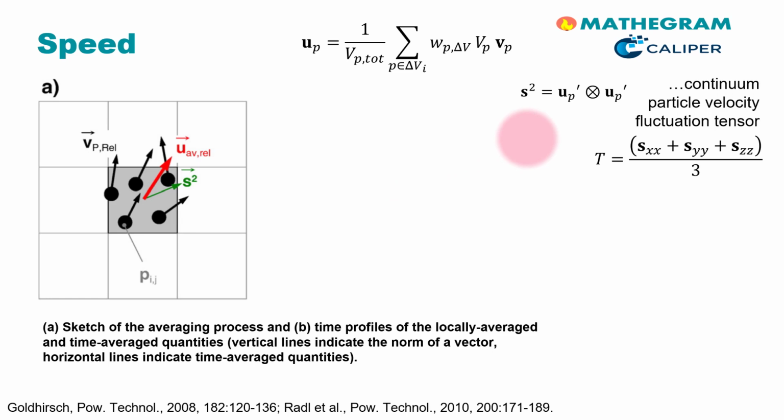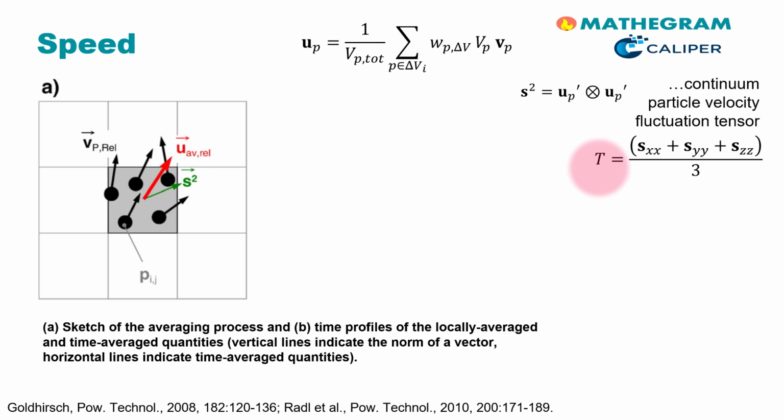It is, and this is very important, not a temporal fluctuation of the particle velocity. In a similar manner as for the pressure, one can then define a scalar metric that quantifies the magnitude of these fluctuations. This scalar metric is the famous granular temperature T.